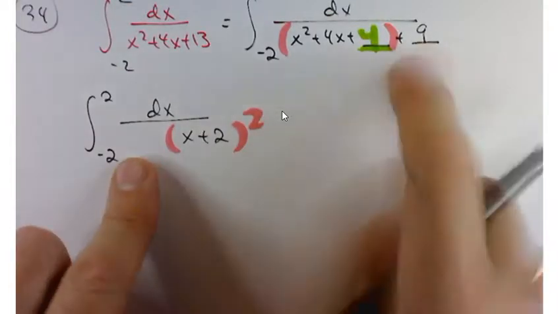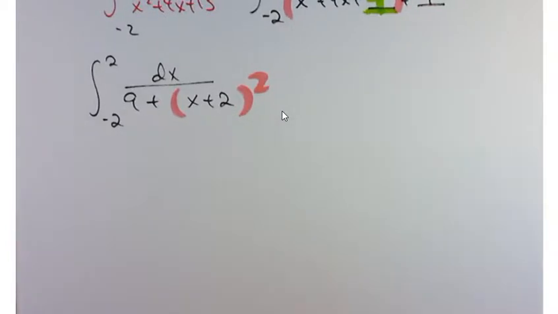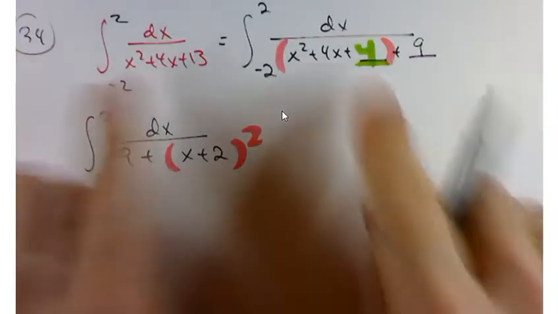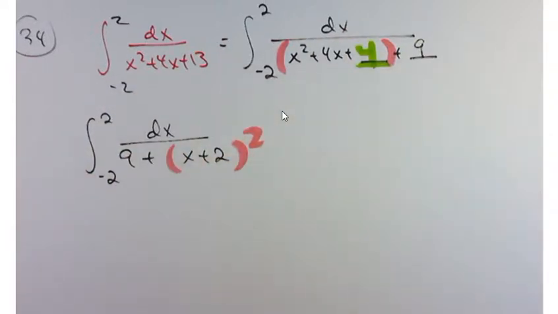And of course here, I've got a 9. That's looking pretty good. We can make ourselves a little u substitution and finish this one off. All right, but do you see the big trick that I want you to get? This part right here is completing the square so that I transform this into something that looks like an inverse tangent.